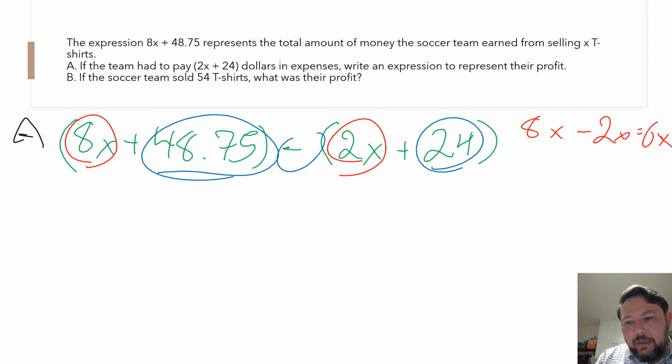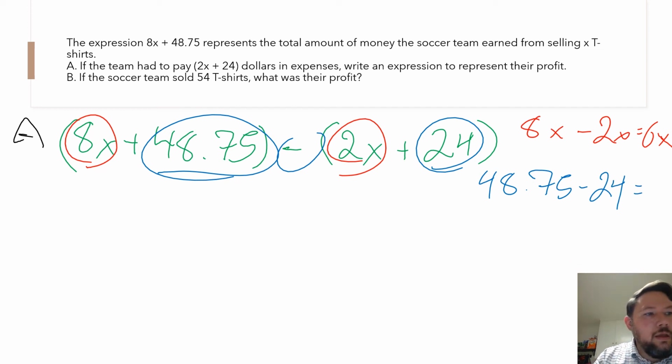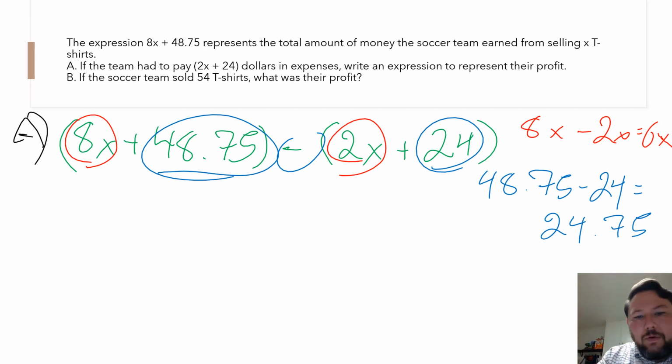So we'll go ahead and write that over here. 48.75 minus 24. And that equals 24.75.